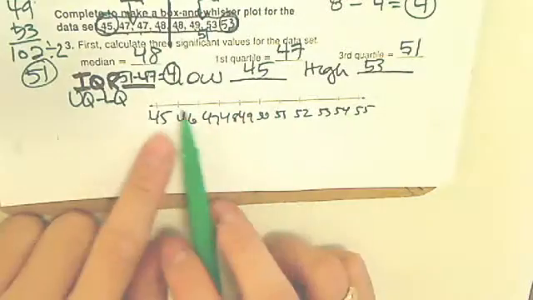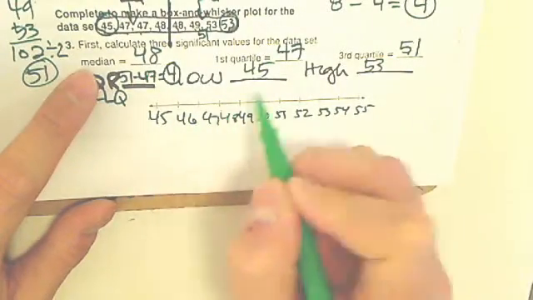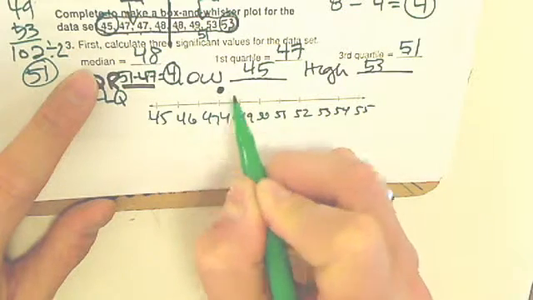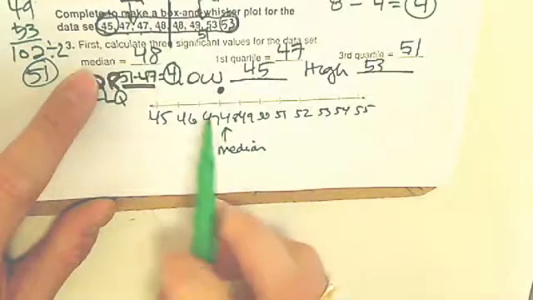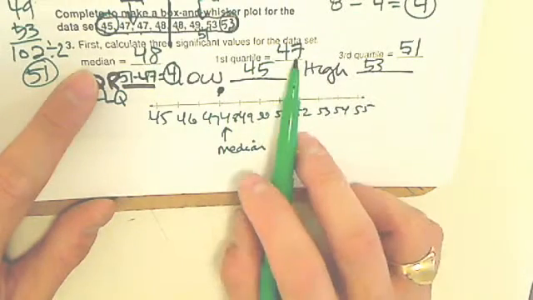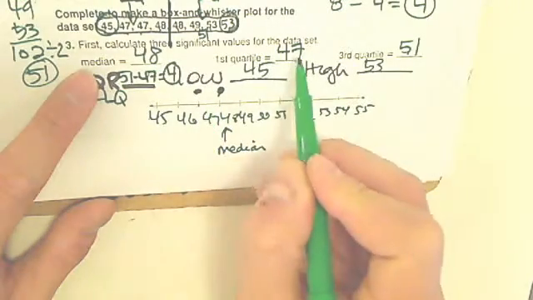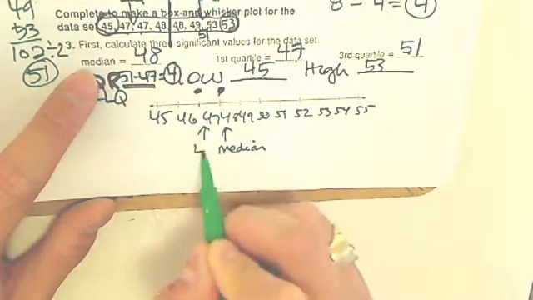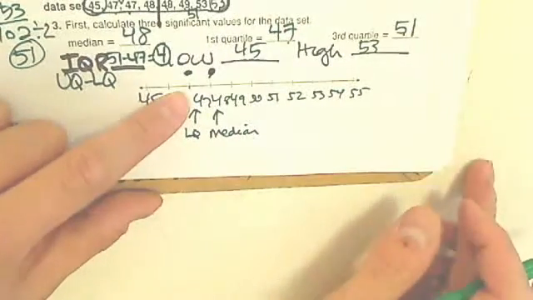So here, I put a dot at 48, not on the line, but on top. That's your median. And then 47 is the lower quartile. The dots are floating in the air.